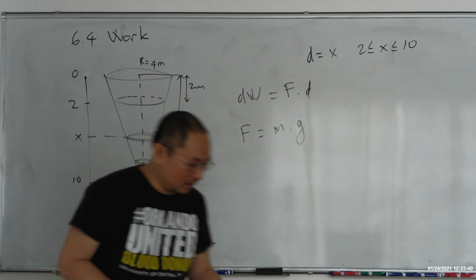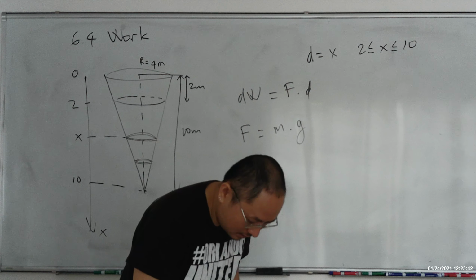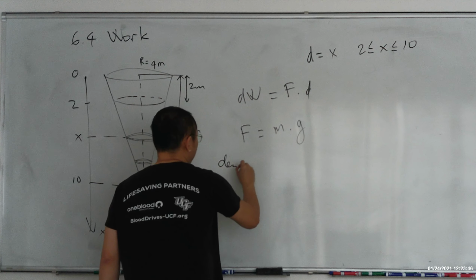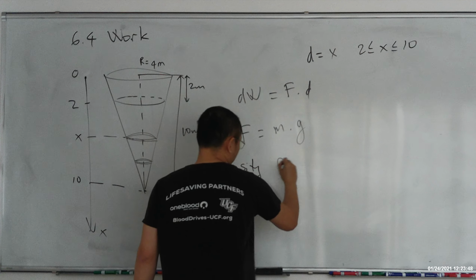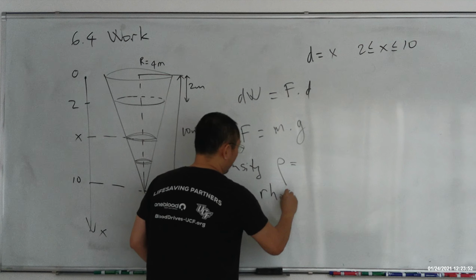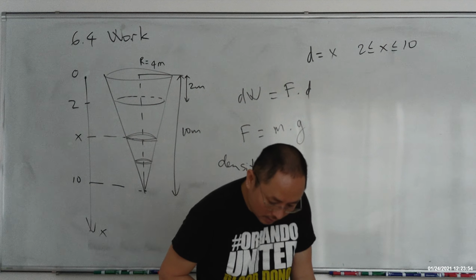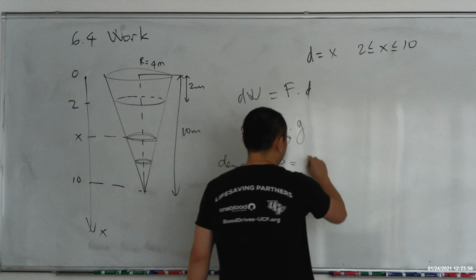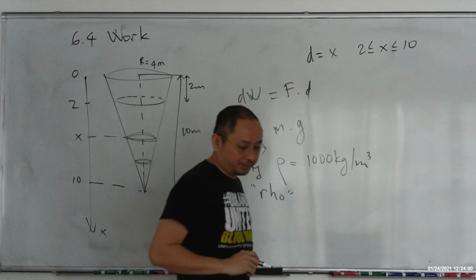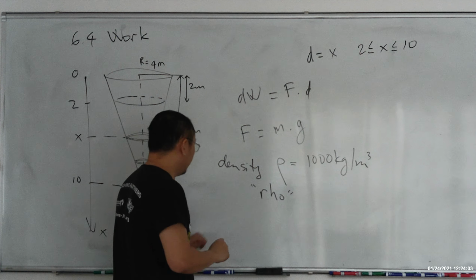Let me see if they give us density in here. Oh, density is given. Density is usually denoted in physics by rho. It's equal to 1,000 kilograms per meter cubed.